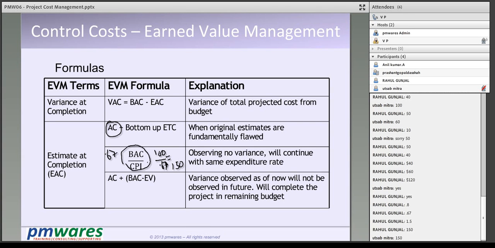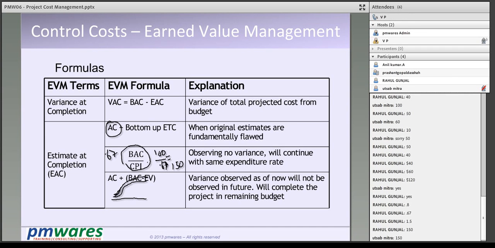The third case is, whatever variance I have seen so far was of a weird nature, or initial teething trouble, something like that. Therefore, I do not see it in future. Whatever has gone wrong is wrong. This is like my cost baseline. I've gone a little wrong, going above this, but now I will follow the same curve.